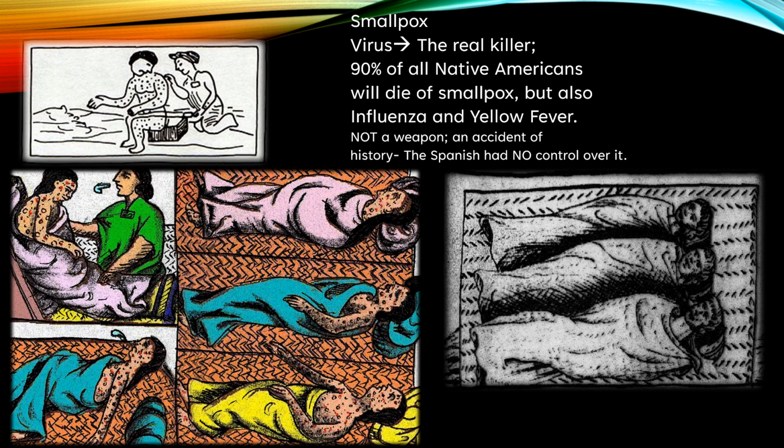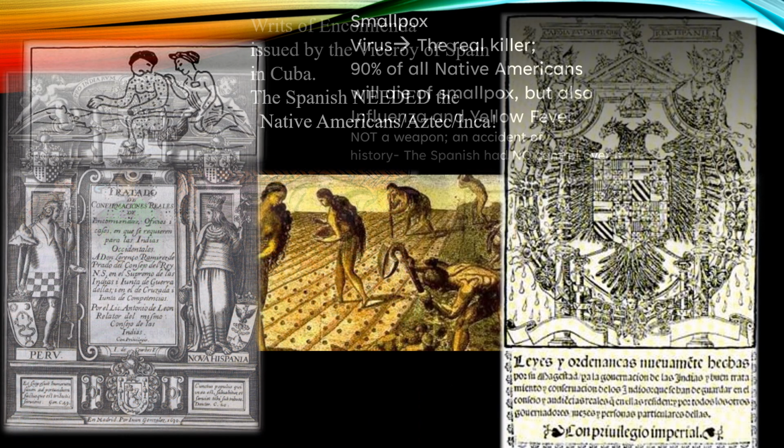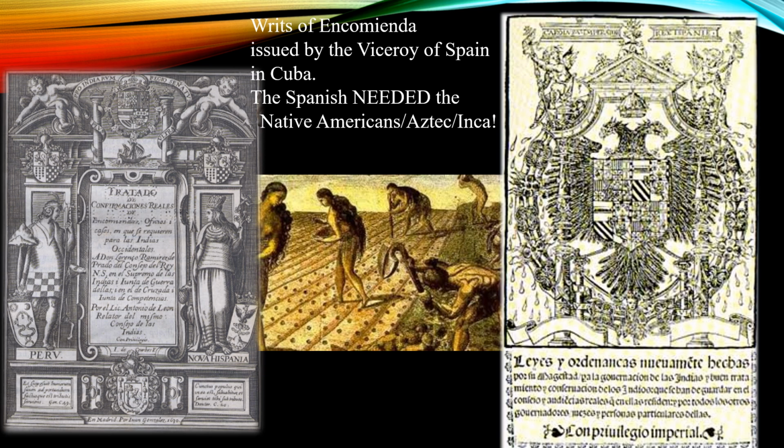Because the Spanish, as it turns out, as time went on, needed the Native Americans. They are the ones that are going to be doing all of the work. There's not enough Spanish there to do all the things necessary to run these enormous civilizations. Not enough Spanish are coming over from Europe.